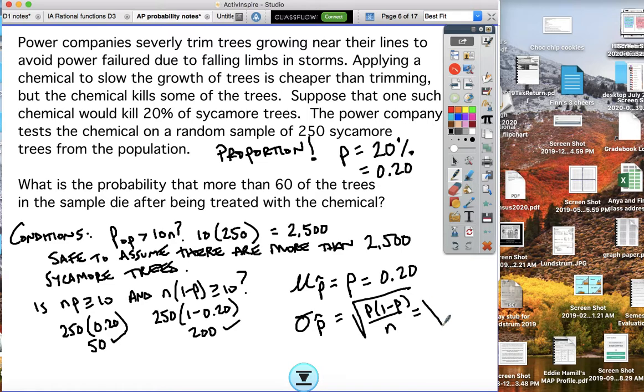So in this case, it would be the square root of 0.20 times 1 minus 0.20 divided by my sample size of 250, all underneath a big square root symbol, and you are going to get 0.025298. All right, so this is the mean and this is the standard deviation that we are going to use in our z-score.